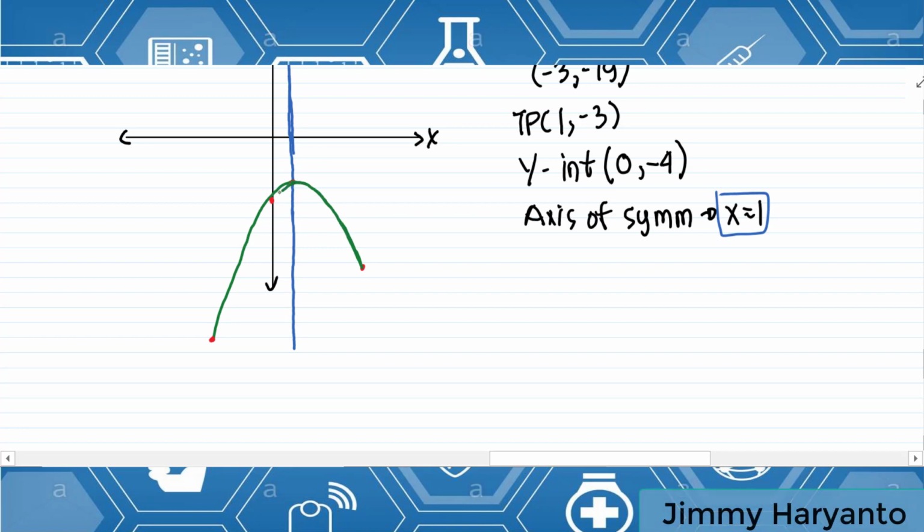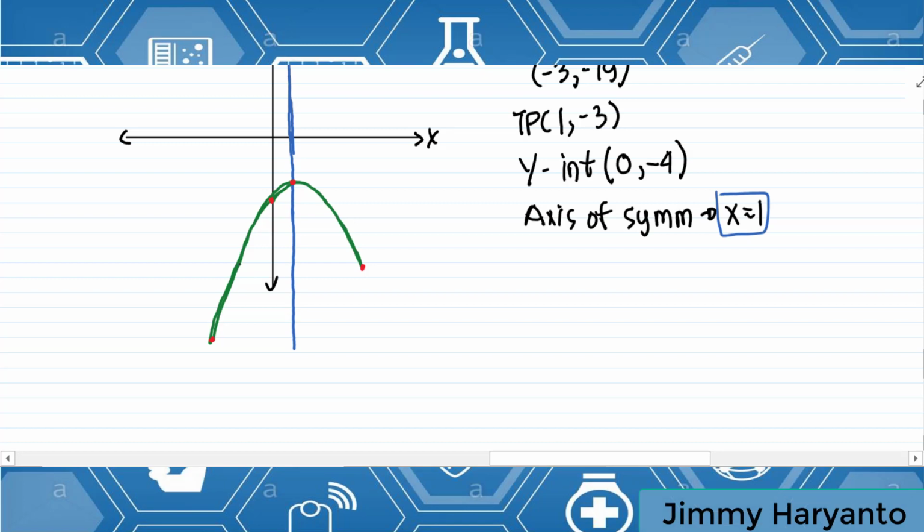The curve is perfectly smooth. If you reflect this part with x equals 1 as the mirror, you will have this one, right? So that is the meaning of axis of symmetry. It acts like a mirror for the curve.